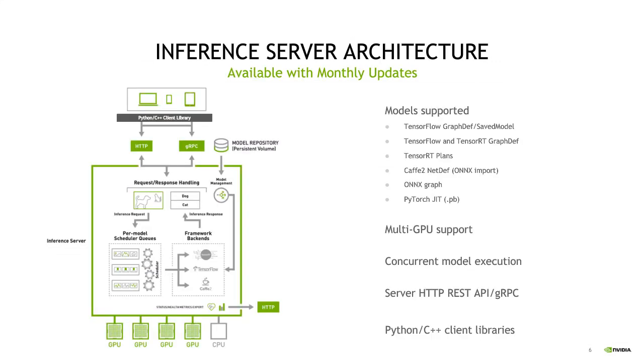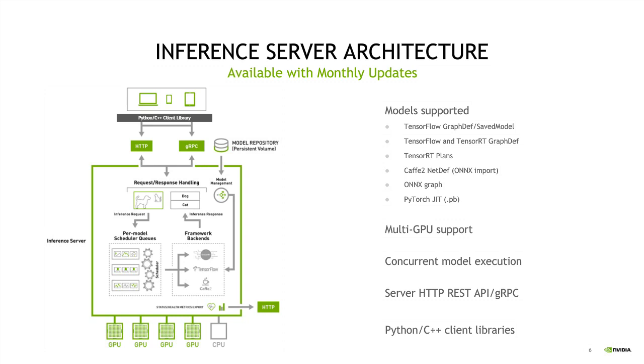Let's have a look at the basic inference server architecture. Triton Inference Server adopts a client-server structure. Users send requests from the client to the server via HTTP or gRPC endpoints. The server will manage the model repositories and the GPU resources, schedule, and execute inference.